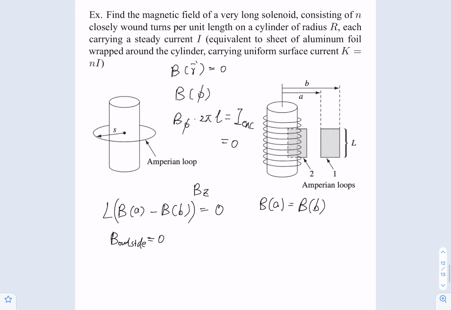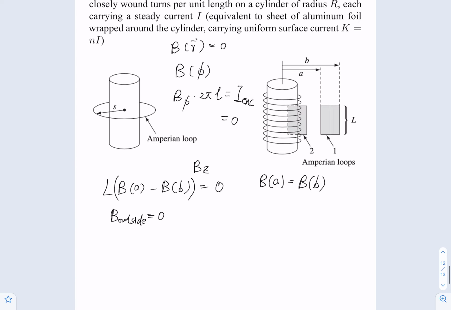And now, because the B outside is 0, we can make use of this by designing an Amperian loop that goes across the solenoid. So this is the Amperian loop number 2. Then we have B inside times the length L equals mu naught times I enclosed.